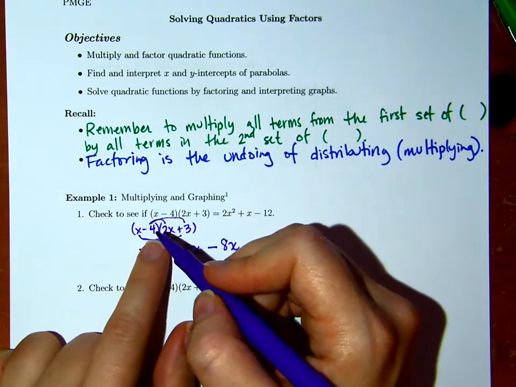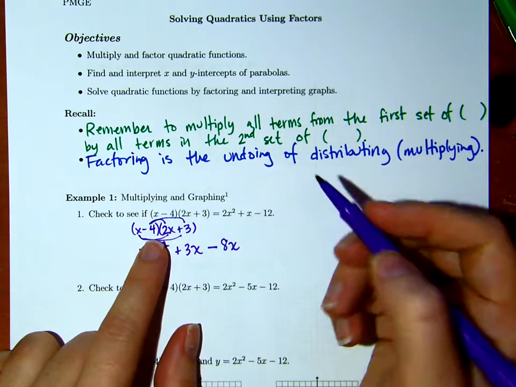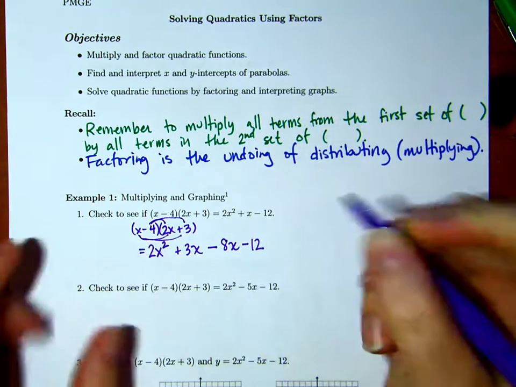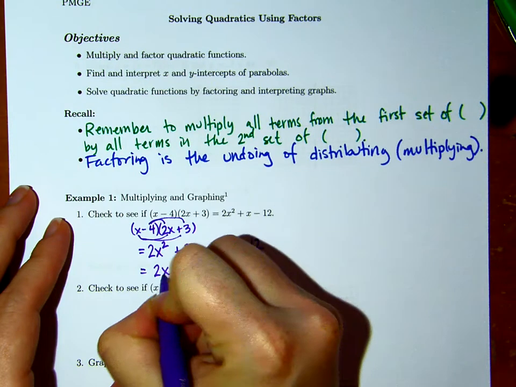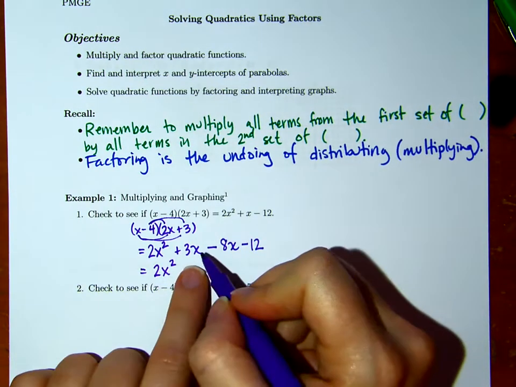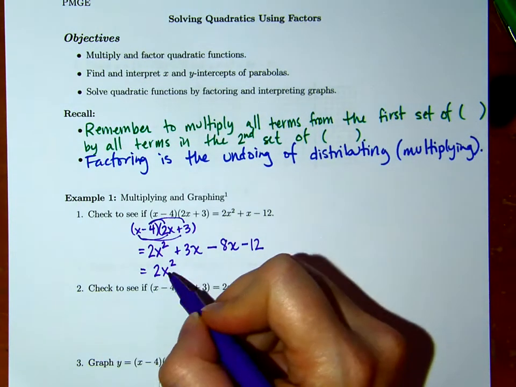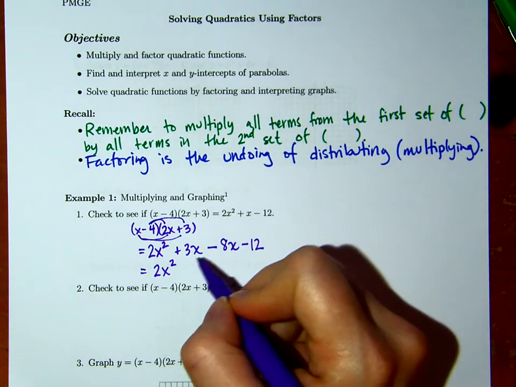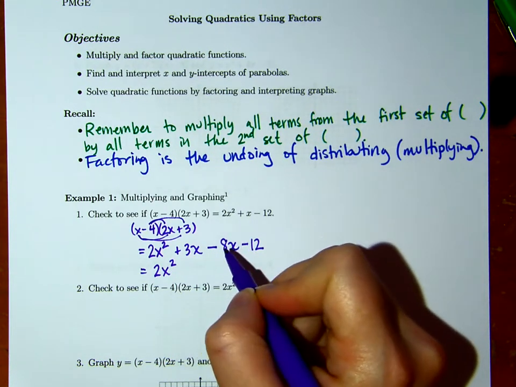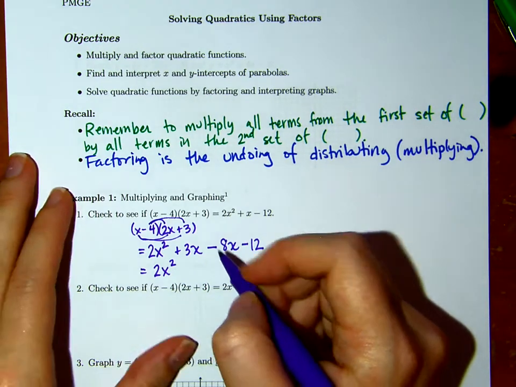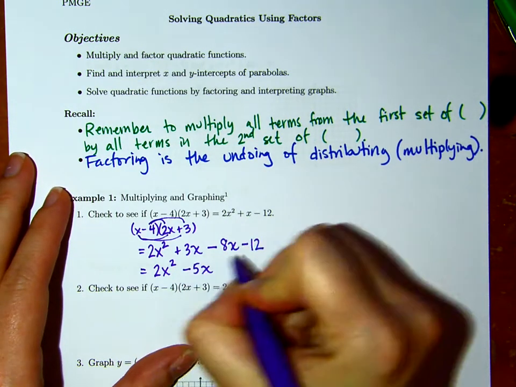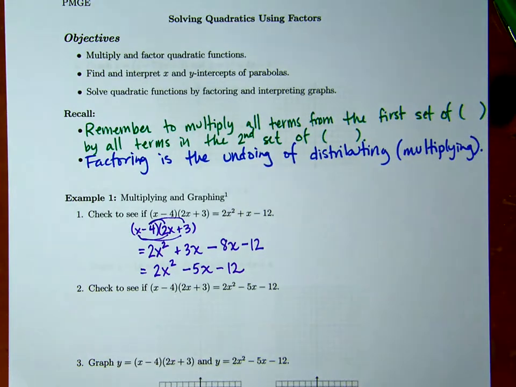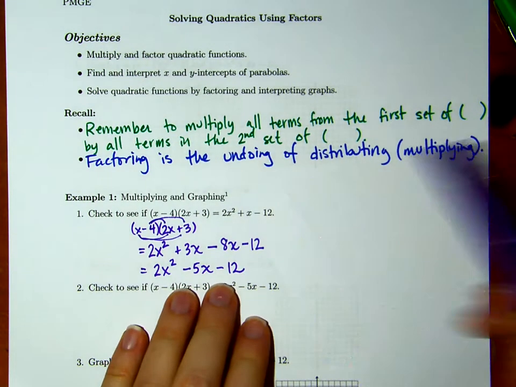And also we have 4 sets of 3 and the opposite of that, minus 12. So these are squares, and those are not like non-squares here. We have 3 x's, take away 8 x's, so we actually have negative 5 x's. Uh-oh. So, nope. This does not equal that.